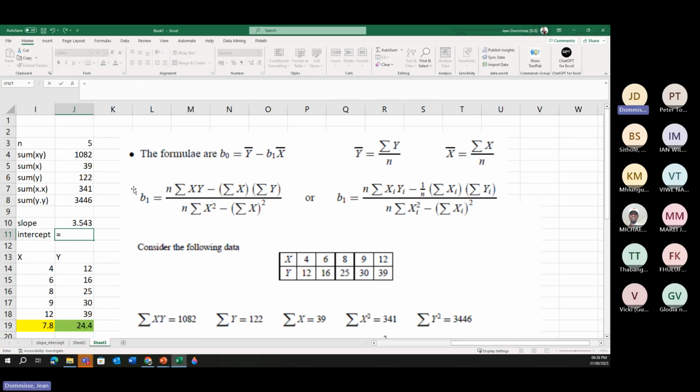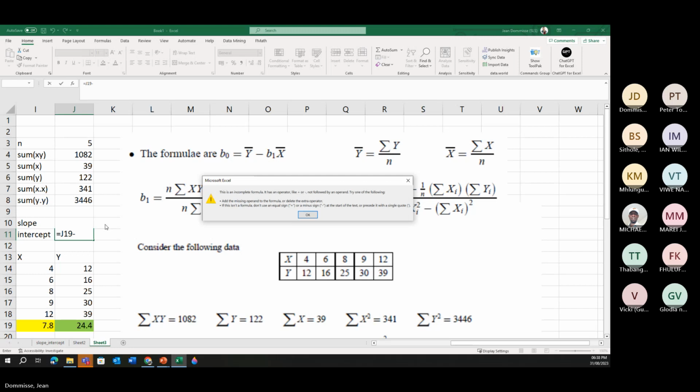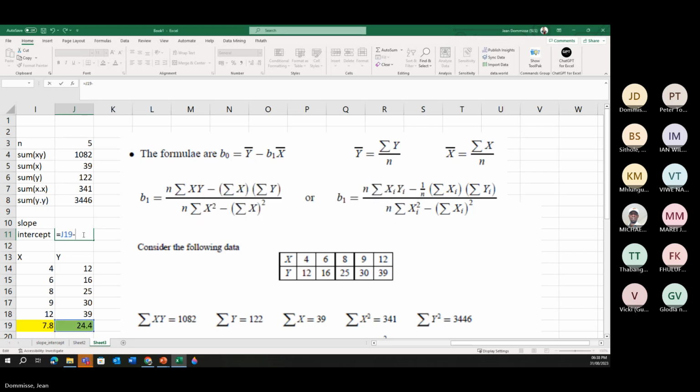The intercept is the average of y minus your slope times the average of x.